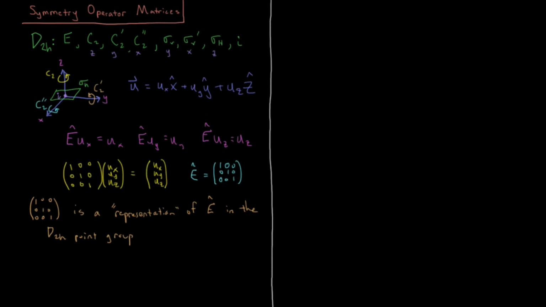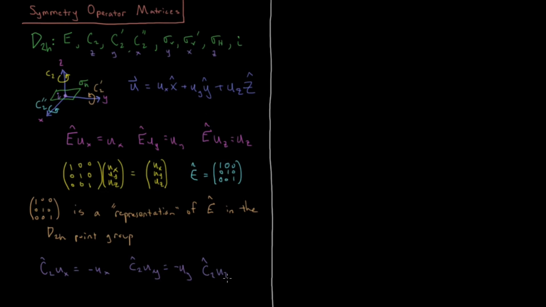So what about other operators that we've got going on here? For example, C2 is a rotation around the z-axis in the xy plane. C2 acting on ux is going to give me minus ux. It's going to rotate me around 180 degrees, so whatever direction I was pointing in the x direction, I'm now the reverse of it. C2 acting on uy is going to be the reverse of that. It rotates around 180 degrees, so whatever direction I was pointing in y, I'm pointing in the opposite direction.